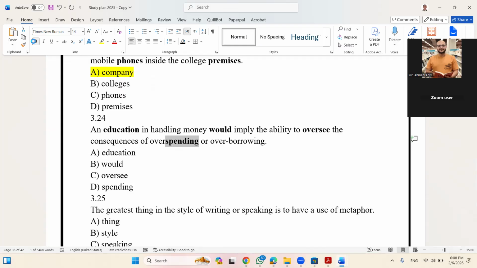Education in handling money would imply the ability to oversee the consequences of overspending or overborrowing. Oversee. What does oversee mean? Replace it.